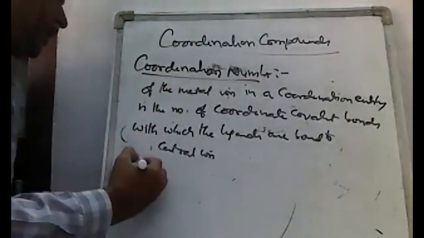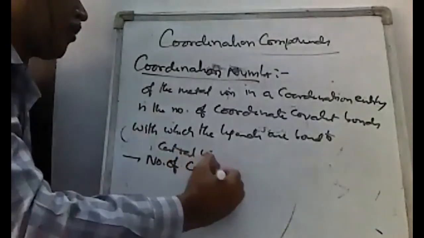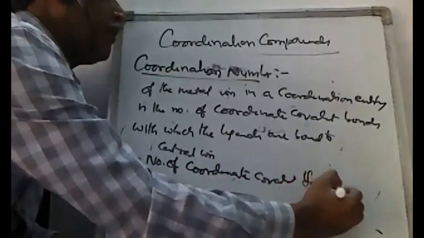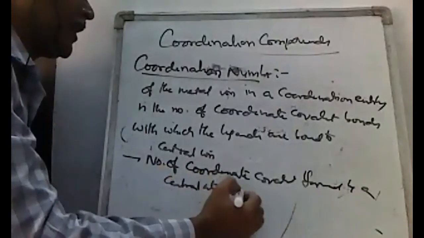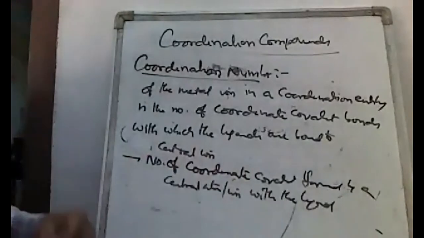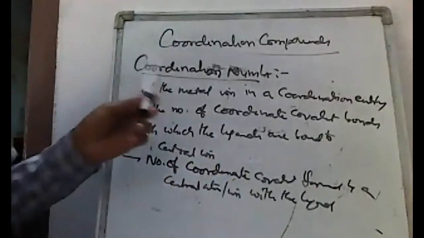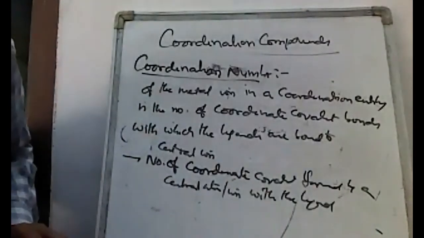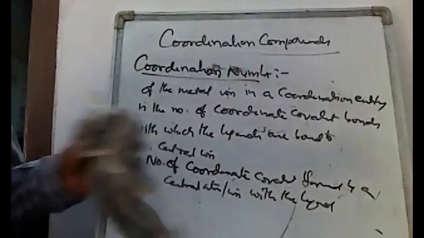Very simply, the number of coordinate covalent bonds formed by a central atom or ion with the ligands is called the coordination number.